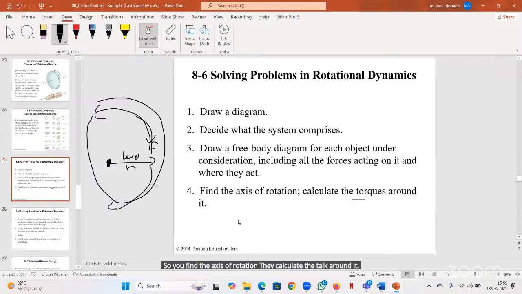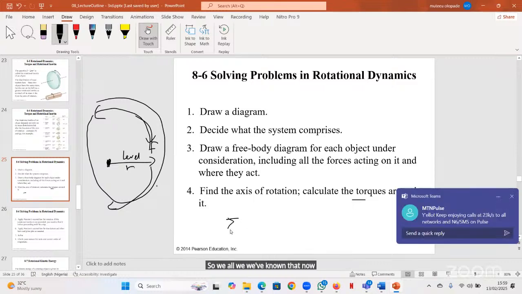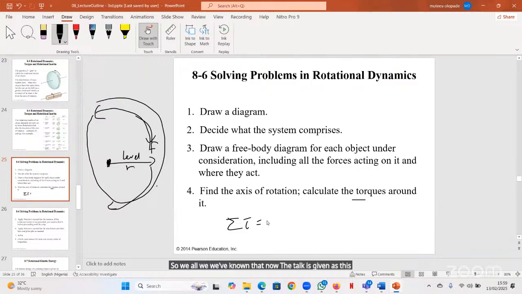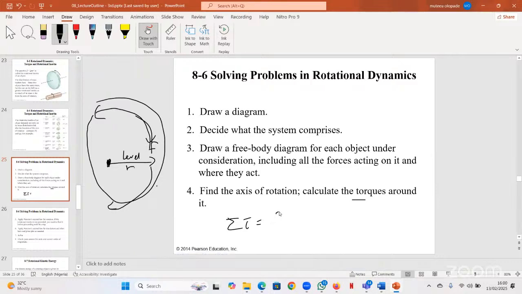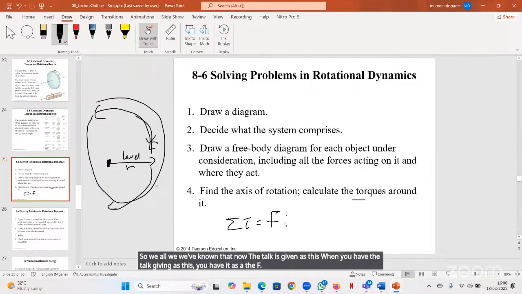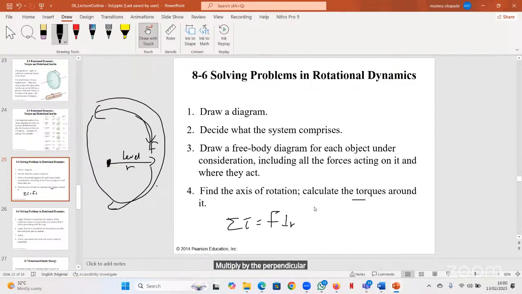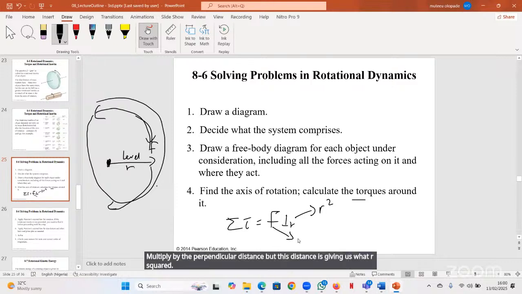So we've known that now the torque is given as this. And when you have the torque given as this, you have it as the F multiplied by the perpendicular distance, R. But this distance is given as what? R squared. And this is given as what?